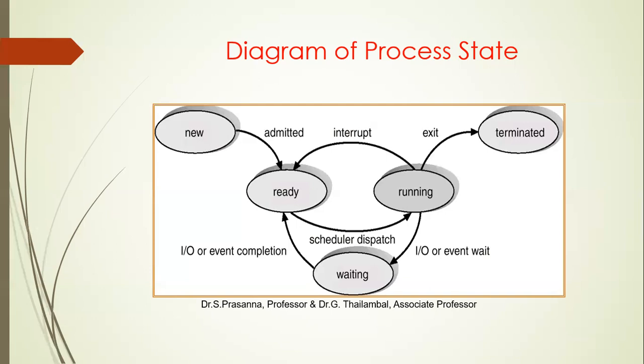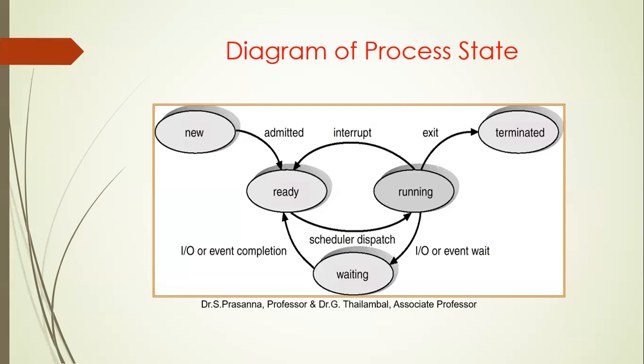The process execution may also stop in the running state because of waiting for some IO device. After the IO completion, the process will again be placed in the ready state. Then the scheduler dispatch again chooses a process and transfers it to the running state for execution of the program.